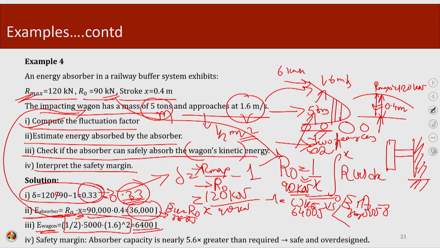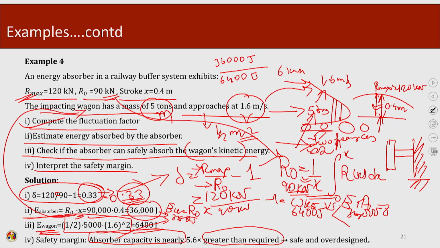The safety margin can be defined in any number of ways. Here we are defining the safety margin as the energy absorbing capacity divided by the impacting energy. The energy absorbing capacity is 36,000 joules and the required energy absorption capacity is 6400 joules.